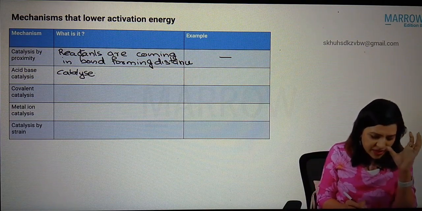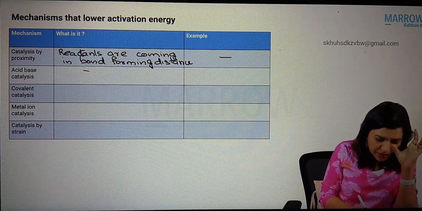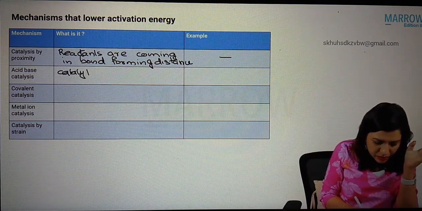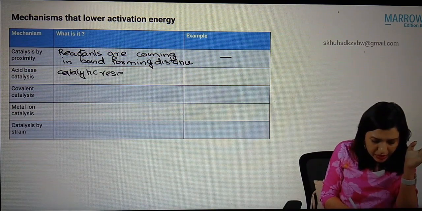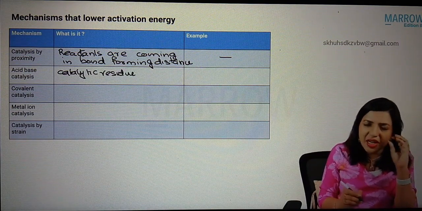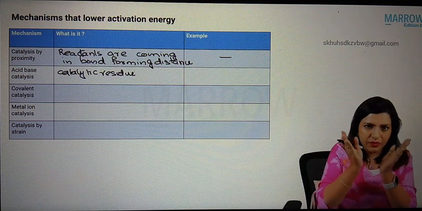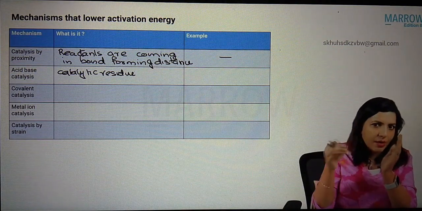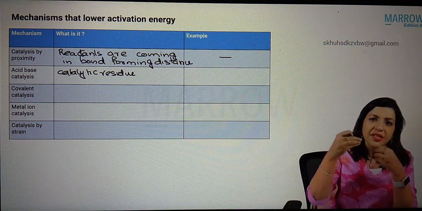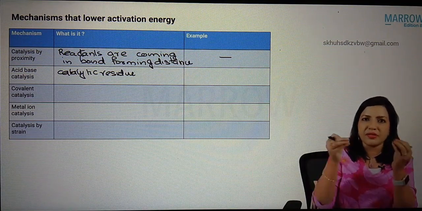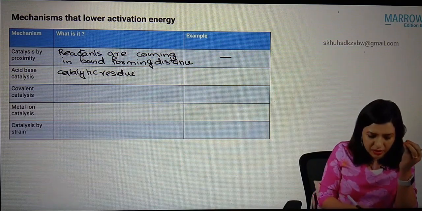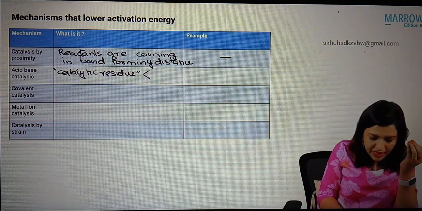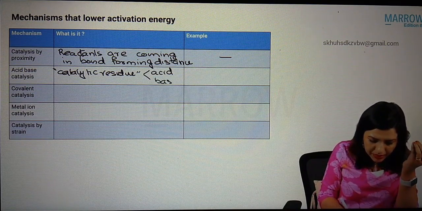A catalytic residue is nothing but certain amino acids in the active site. I've told you what an active site is. In the active site, there are certain highly reactive amino acids. This catalytic residue in the active site is acting as an acid or a base.